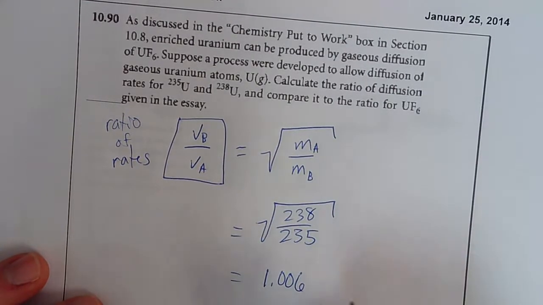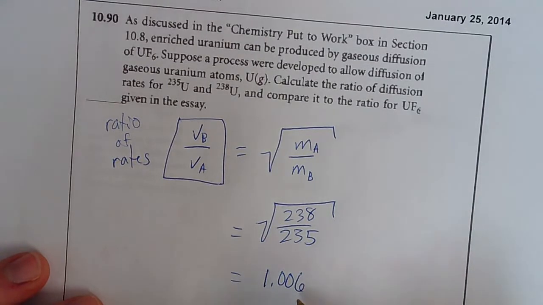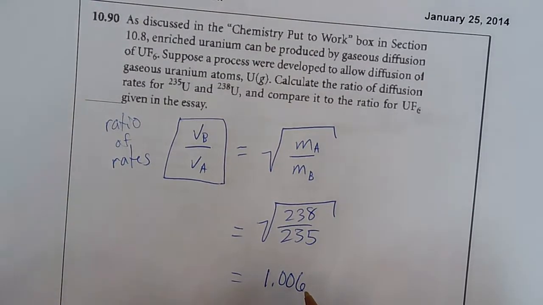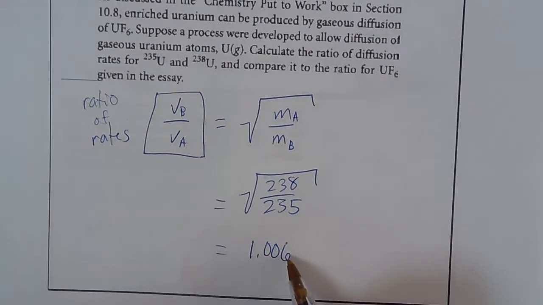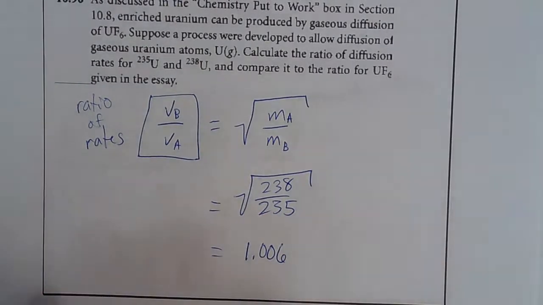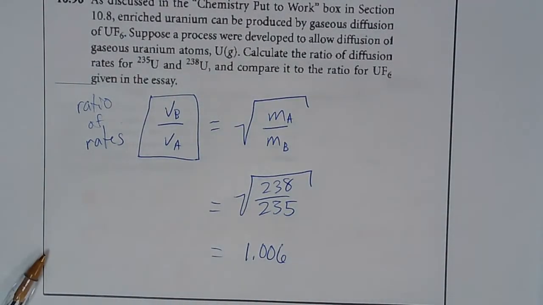Yeah, and really, I don't even feel good about reporting that to that many significant figures, but I'm going to go with it. It's not going to be off enough to be dramatically different. Now, I happen to have a copy of the book over here, so let's look.